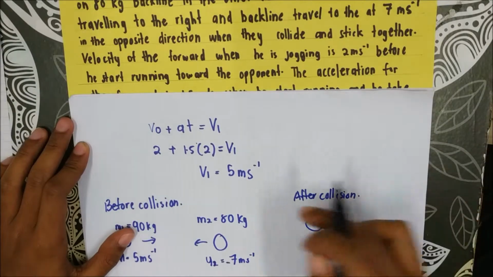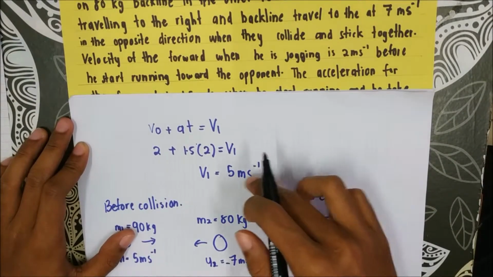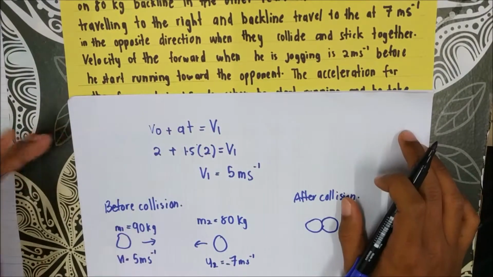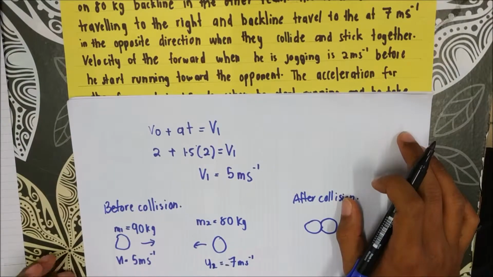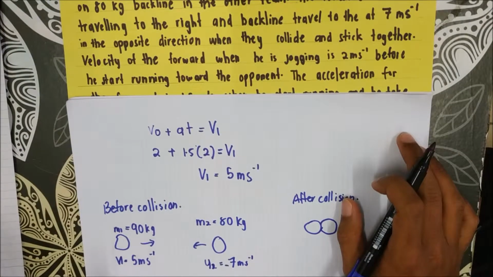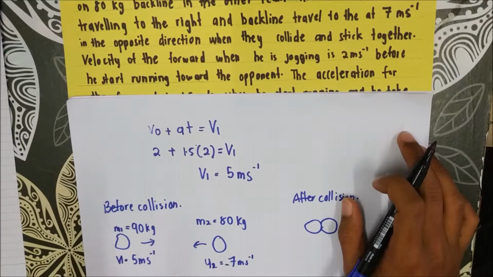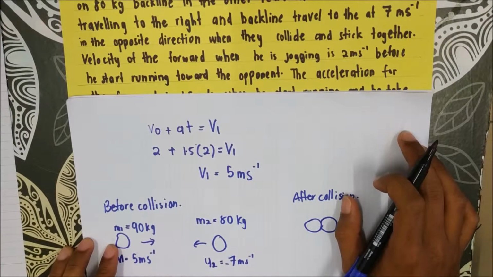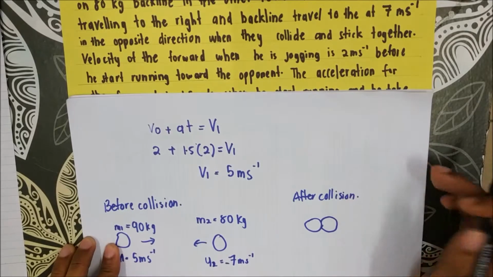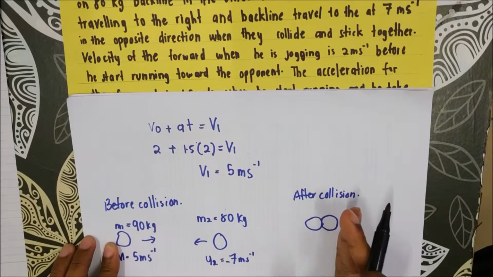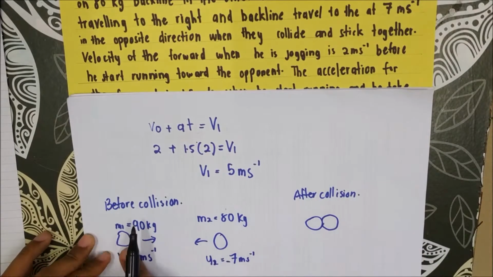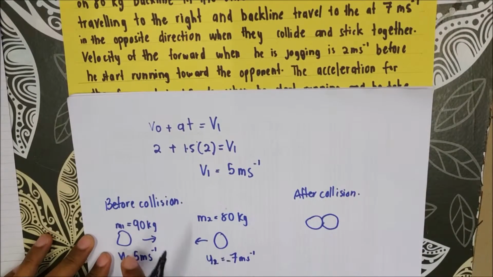After we get the velocity when the forward starts running towards the opponent, we can answer the question. We need to calculate the velocity after the collision. First, we draw the FBD before collision and after collision. This represents the forward player.